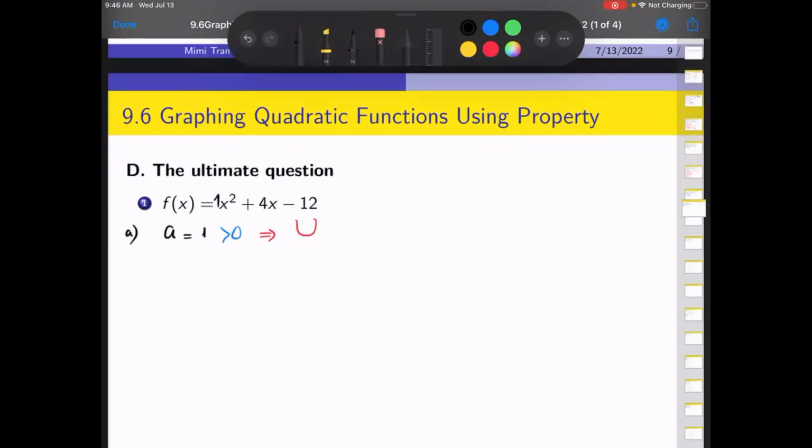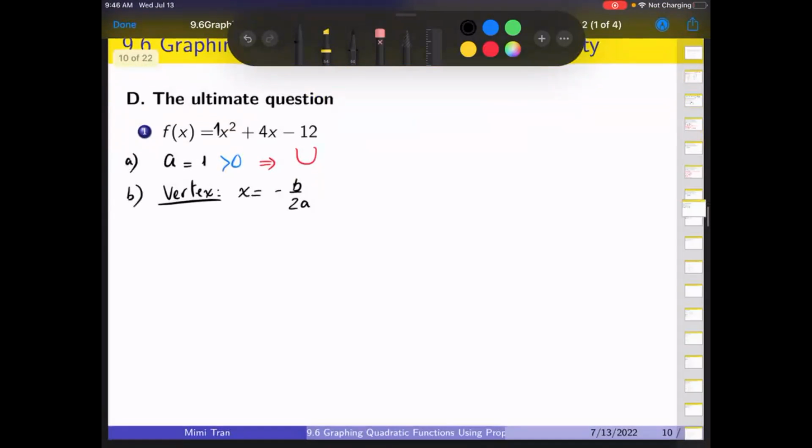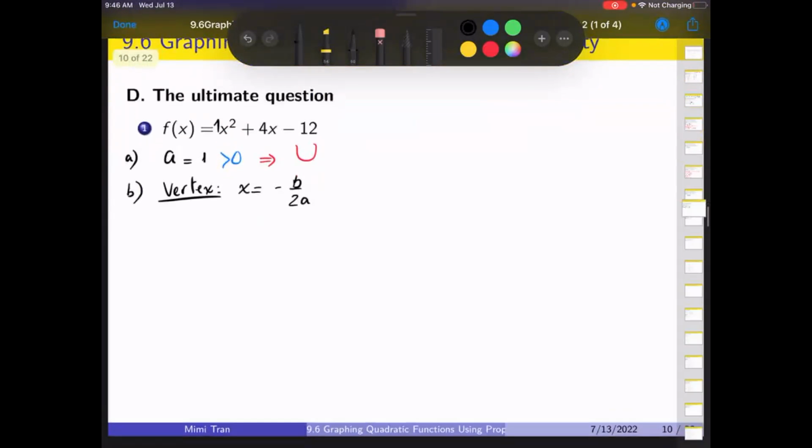Now the next one will be the vertex. Let me remind you the formula. x is negative b over 2a, right? All you have to do is plug it in. So I have x equals negative something divided by 2 times something, and that something here is 4.